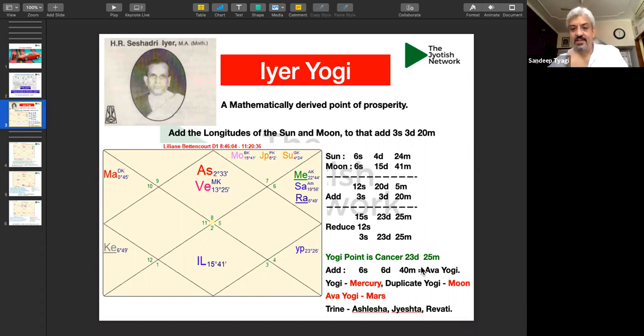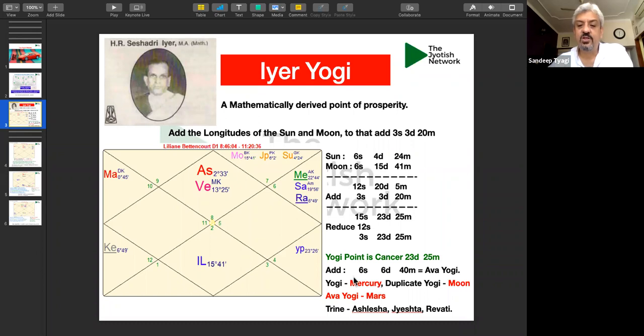Now, having arrived at the Yogi Point, how do we arrive at who is the Yogi? In Cancer 23 degrees 25, we then identify which nakshatra is in this particular point. And the lord of that nakshatra then becomes the Yogi.